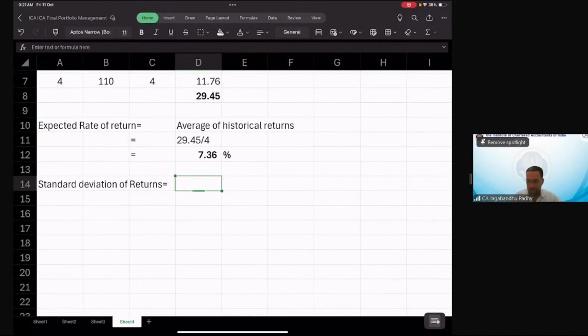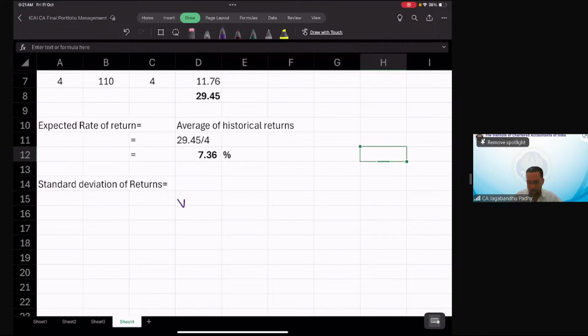The formula for standard deviation is again the square root of, but now it is the summation of x square upon n minus x bar the whole square. Or if you talk in terms of returns, we can say it is the summation of return square upon n, minus whatever is our expected return, we take a square of it.